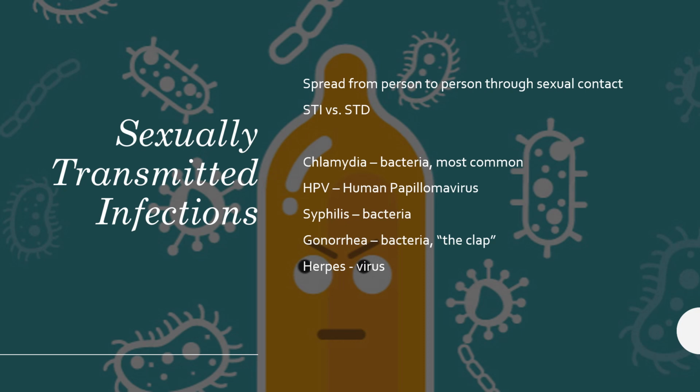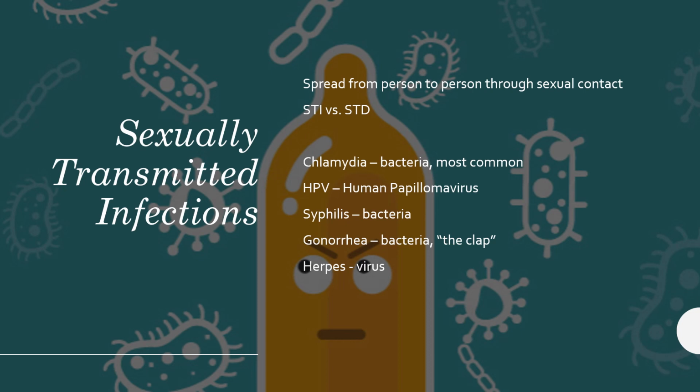However, there's no cure for this virus, but we can control the symptoms with medications. If there is an outbreak of cold sores, oral herpes, or genital herpes, there are medications to control those outbreaks and alleviate the pain of sores.